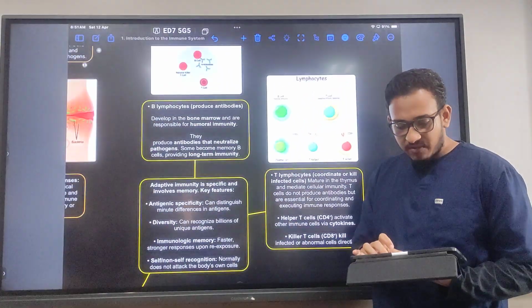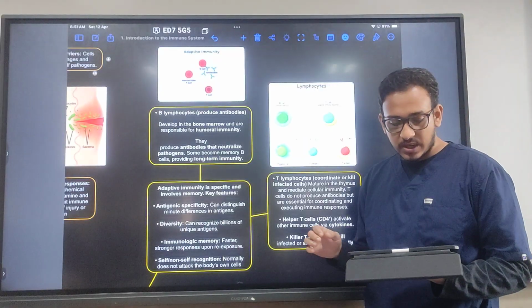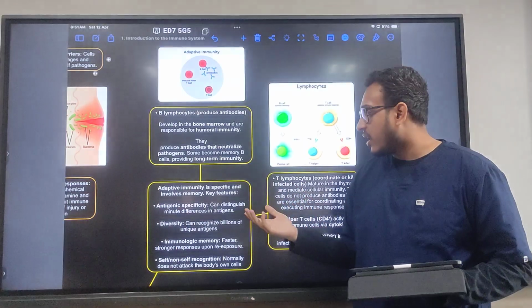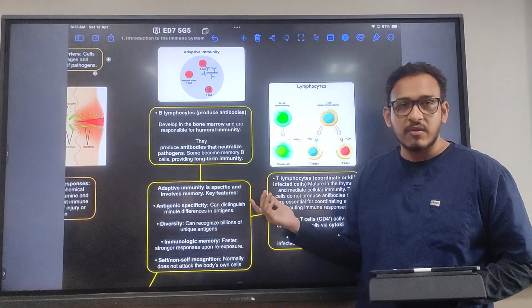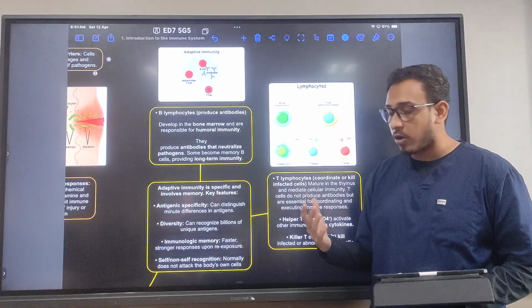Then there is adaptive immunity, or acquired immunity. It's specific and it involves memory, so it stays for a longer time.